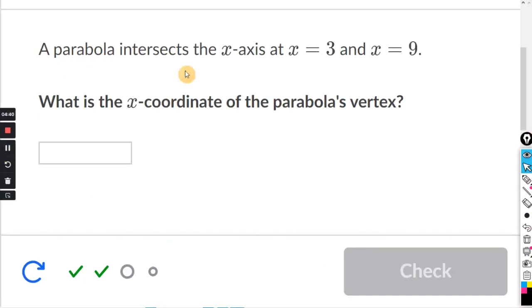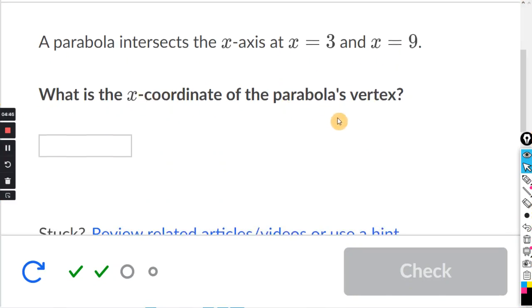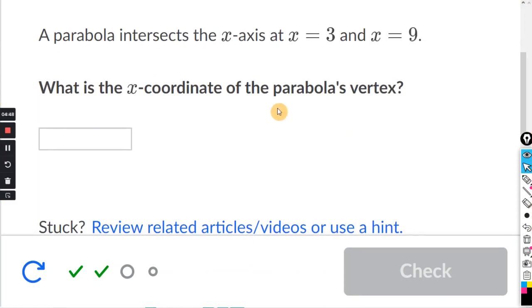A parabola intersects the x-axis at x equals 3 and x equals 9. What is the x-coordinate of the parabola's vertex? We just did something like this a minute ago. I'll draw it out again. You don't have to draw it, but I'm going to draw it just to show you.